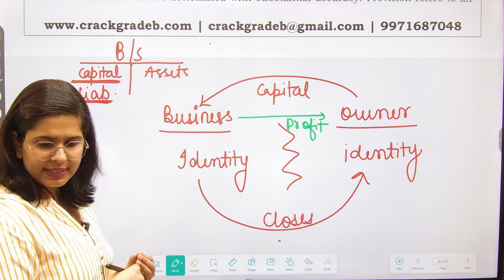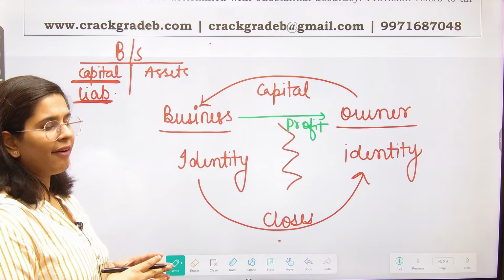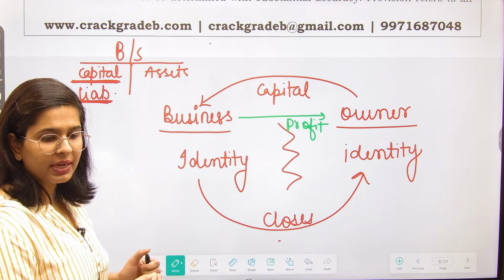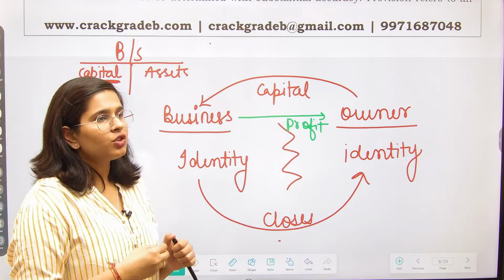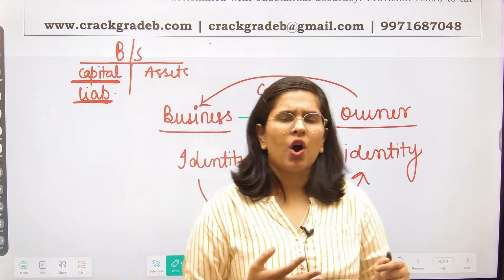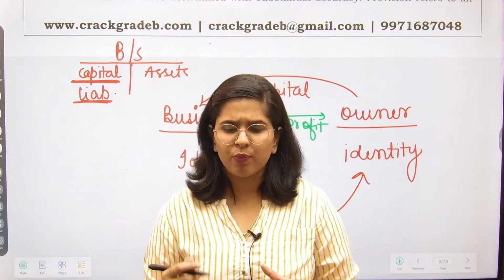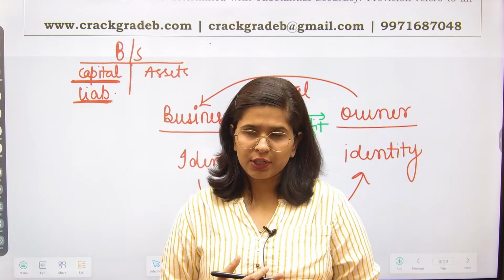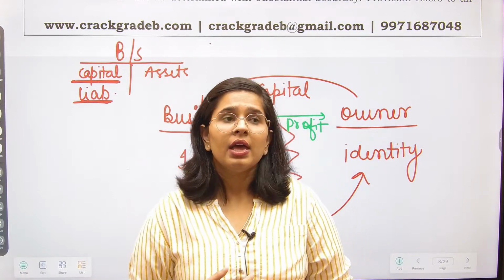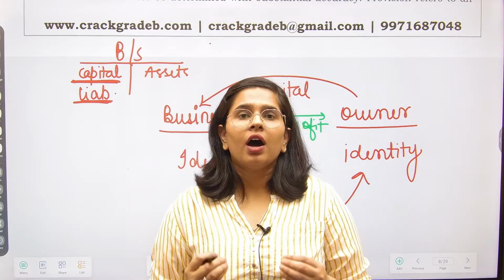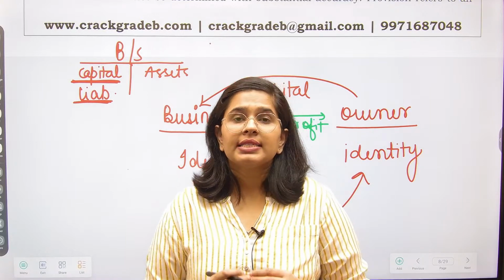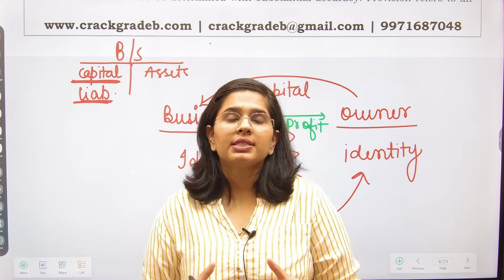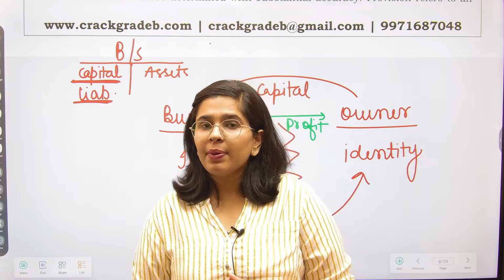After that, the owner says that I also have to withdraw some amount for my personal expenses, right? This mostly happens in case of proprietorship, where we use this particular term. So if an owner withdraws some funds for his personal expenses, what are personal expenses?